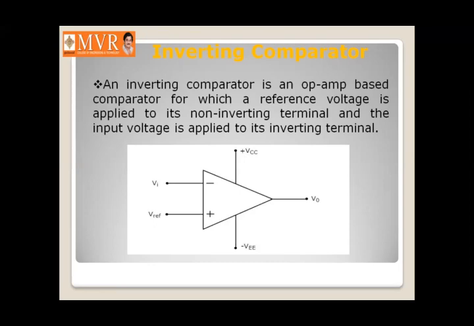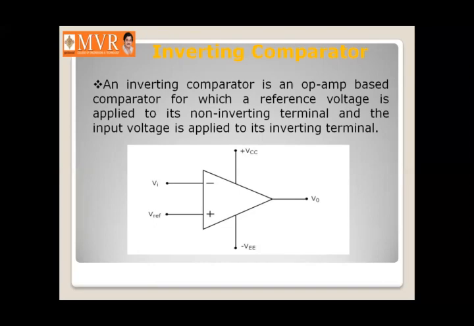So we know that when an op amp operates in an open loop configuration, it operates in the saturation region, not in the linear region.